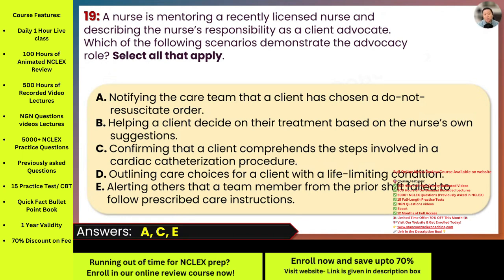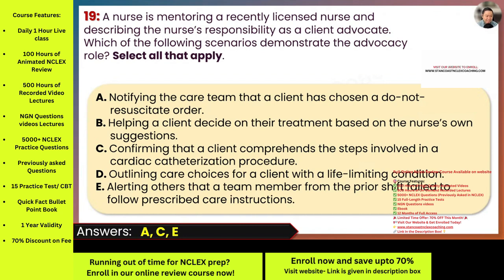If the client is confused, the nurse should ask the provider to explain that again to the patient. A client must understand the procedure before signing a consent, and advocacy can ensure informed decision making. That's why that's part of our correct options.